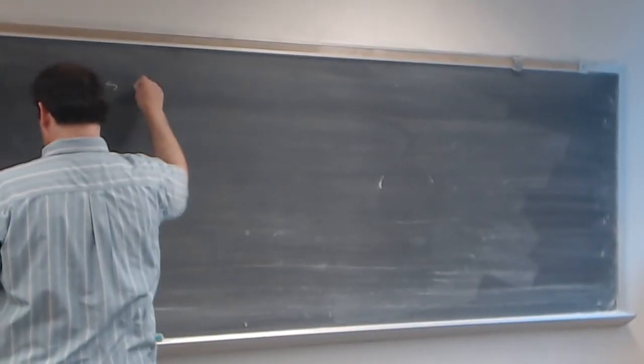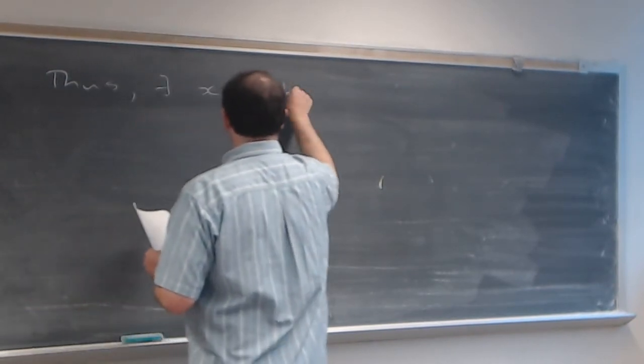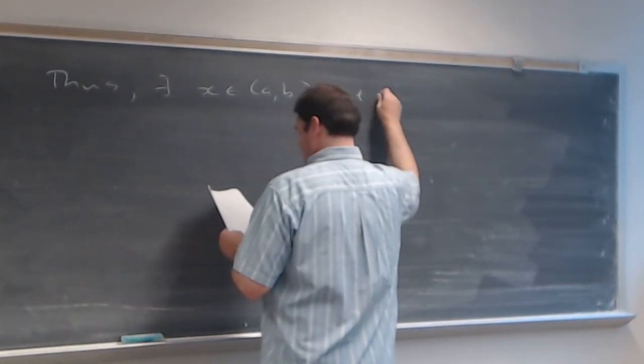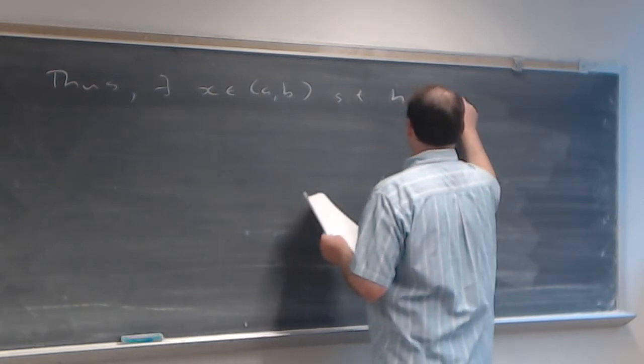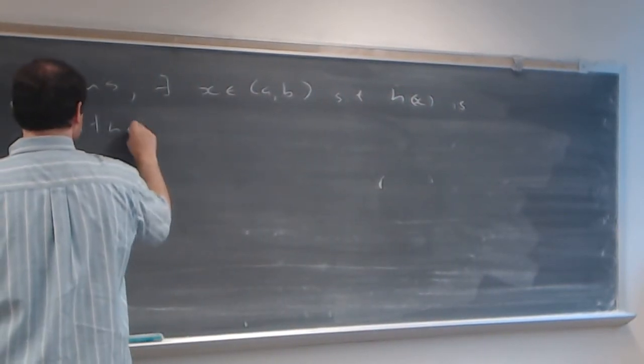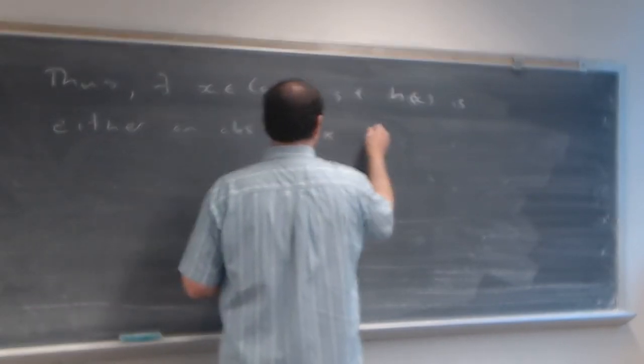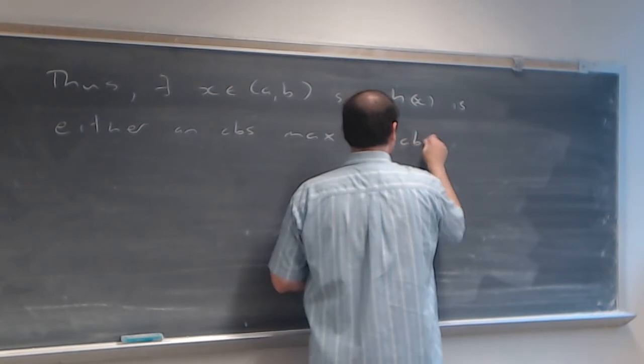In other words, thus, there exists an x element of A to B such that h of x is either an absolute max or absolute min.